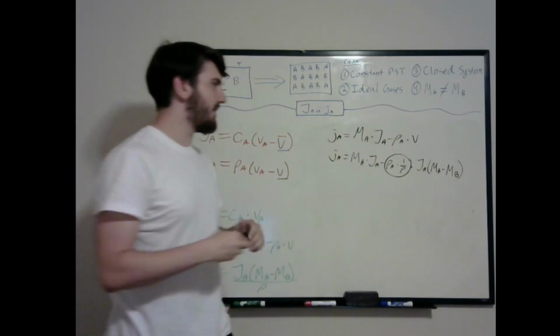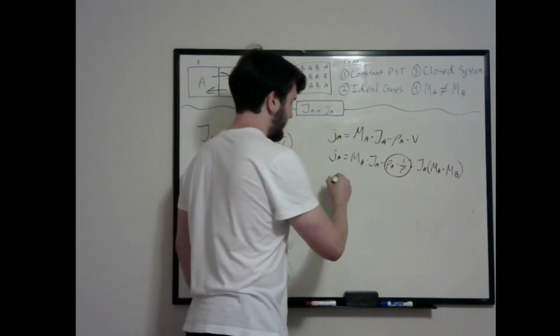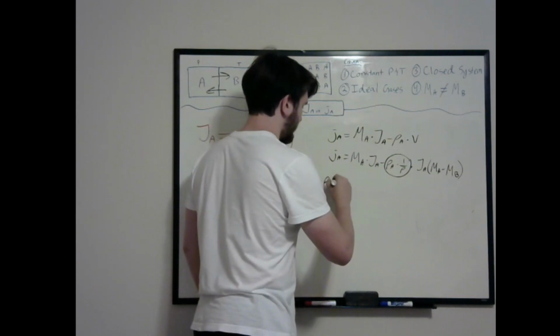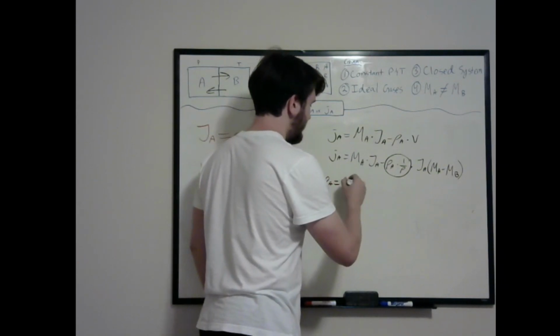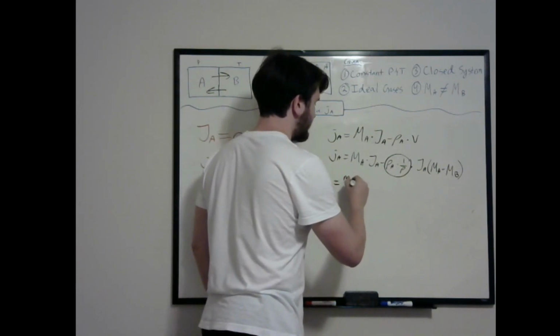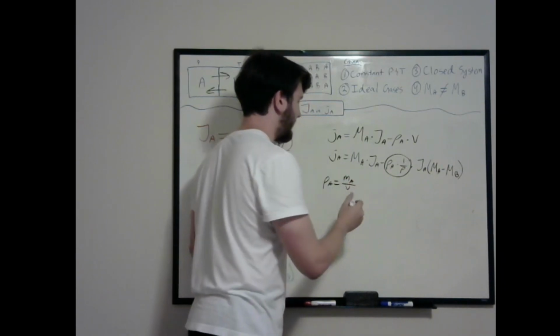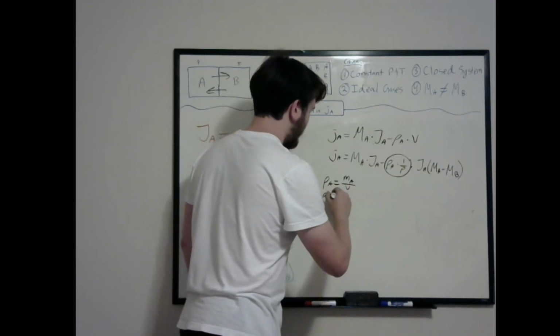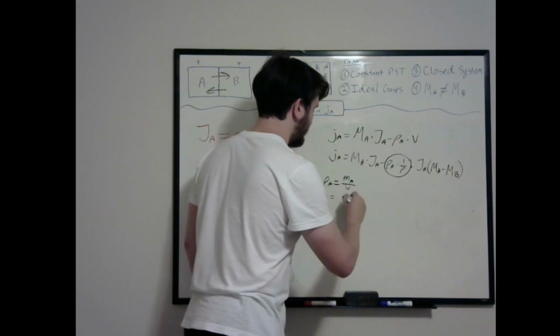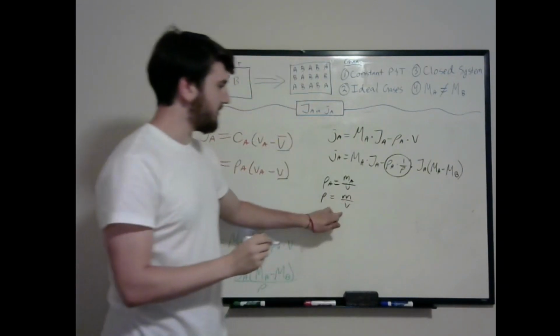We know that the mass concentration of A is equal to the mass of A over the total volume, and the total density is equal to the total mass over the total volume.